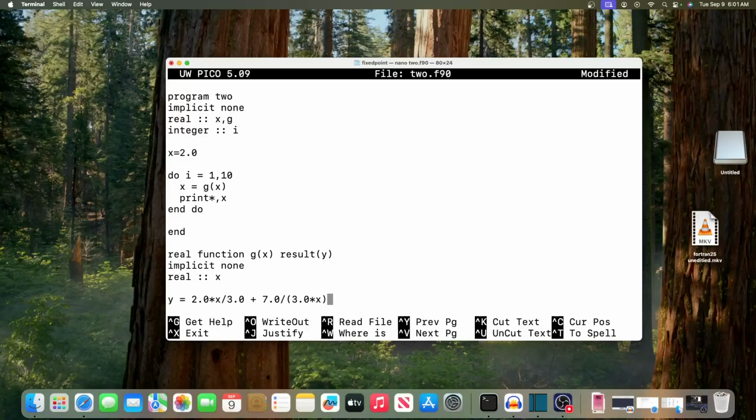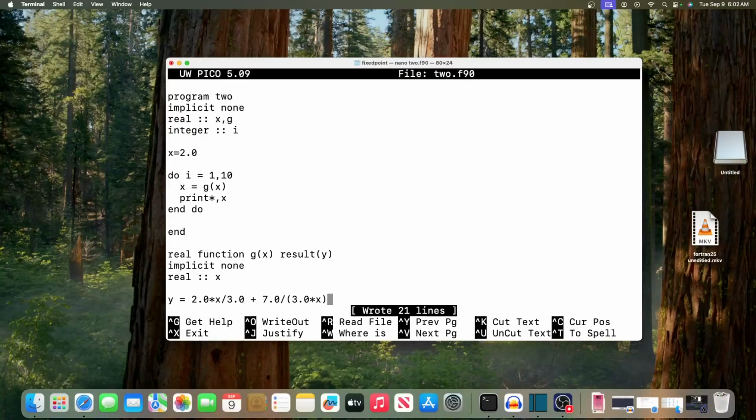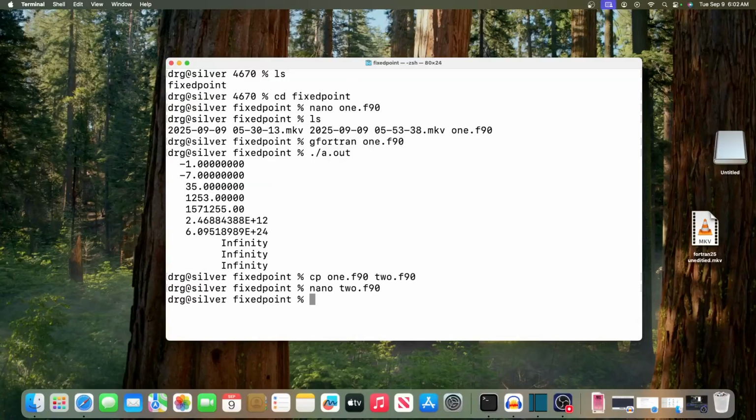I'll save this, Control O, write out 2.f90, and Control X. The only place that I changed the program was in one line, so the only place where there could be a syntax error would be there. Apparently not, though.